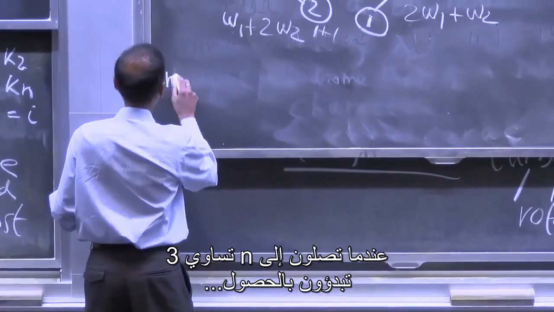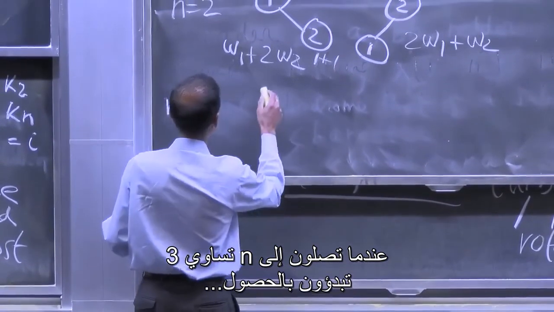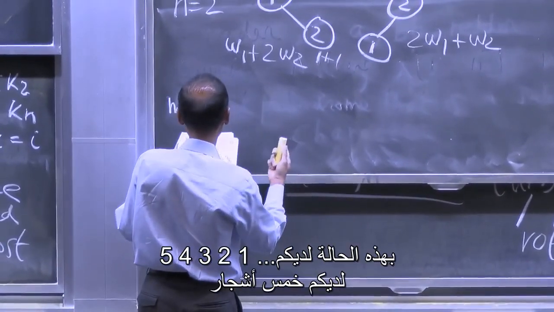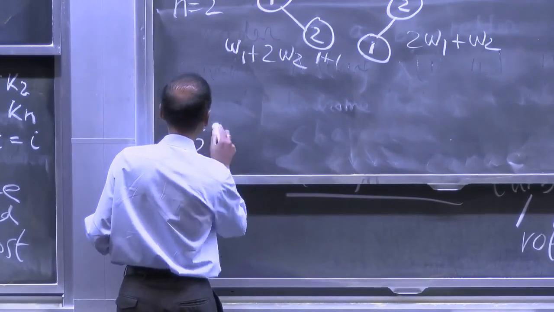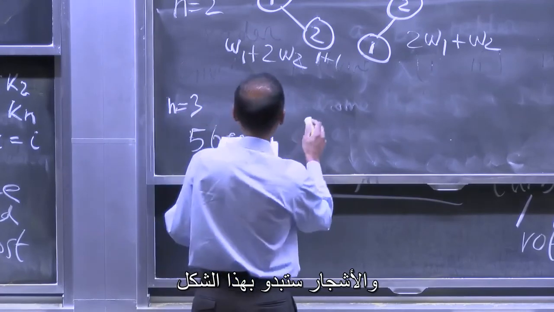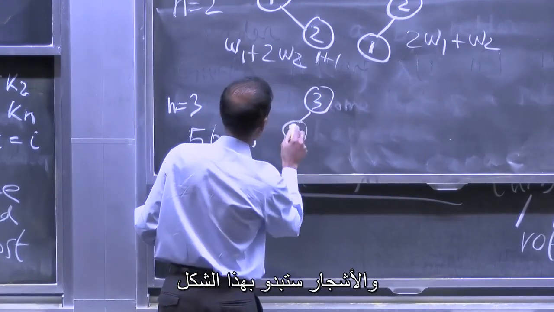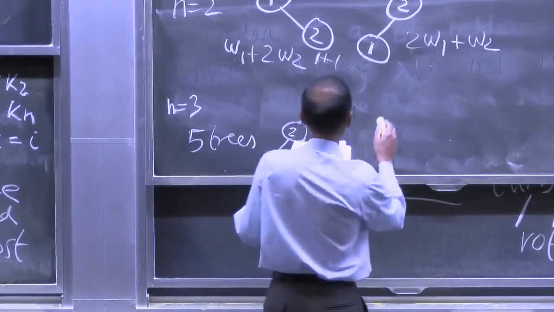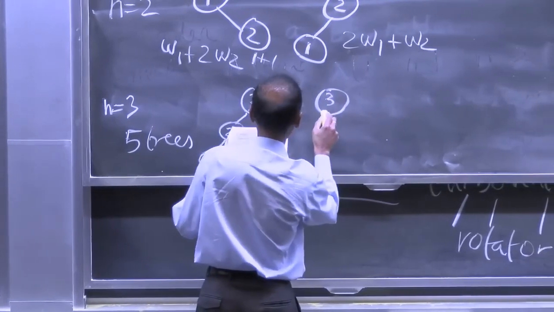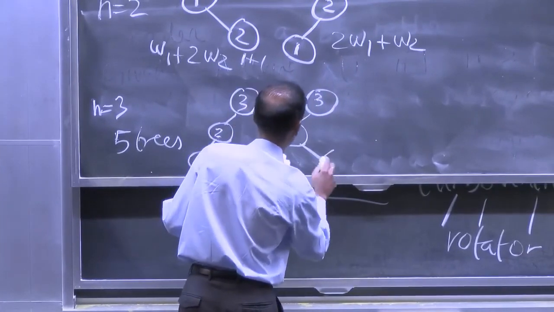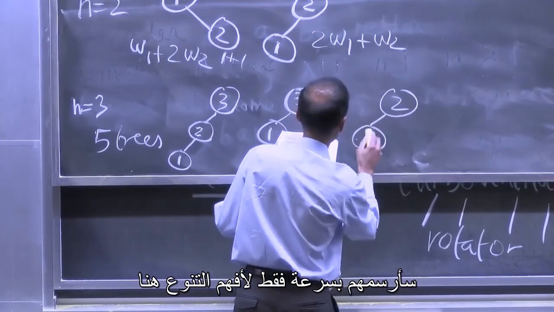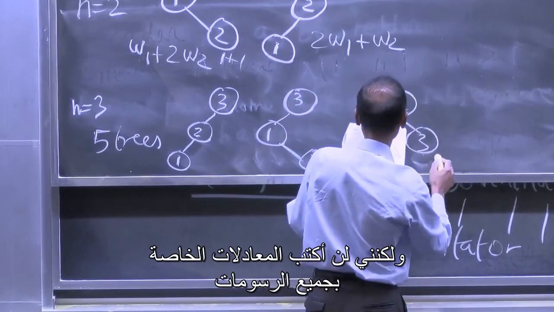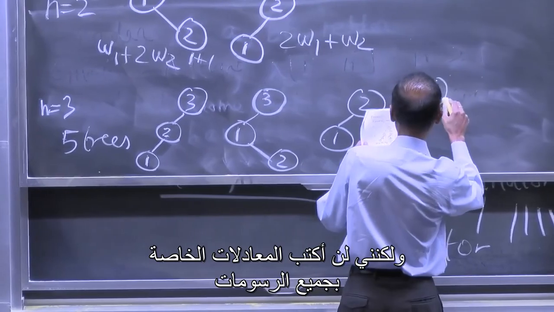When you get to n equals 3, you have at this point 1, 2, 3, 4, 5. You've got 5 trees, and the trees look like this. I'll draw them really quickly just to get a sense of the variety here, but I won't write the equations down for all of them.